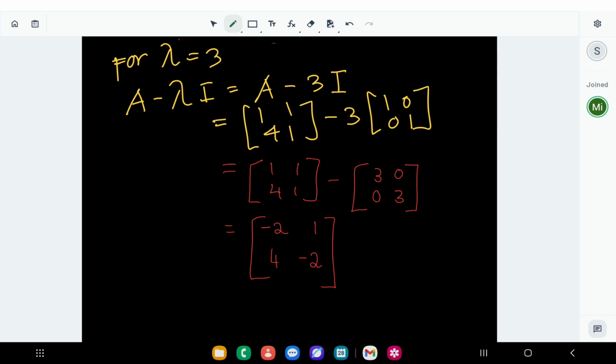Alright. Okay, so notice that we have -2, 1, 4, -2. We have to make the elements below -2 and 1 zero.